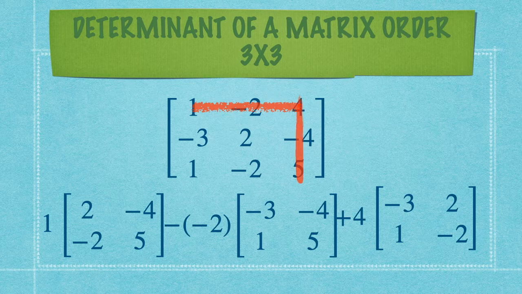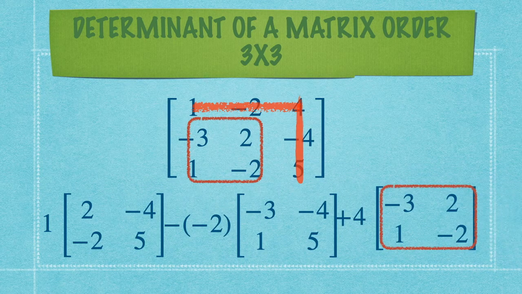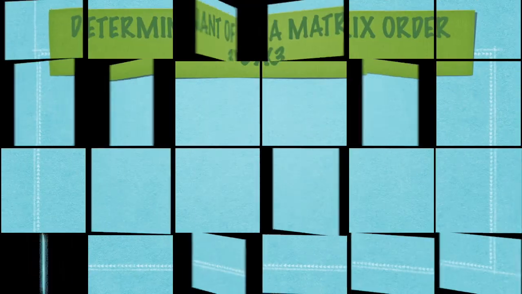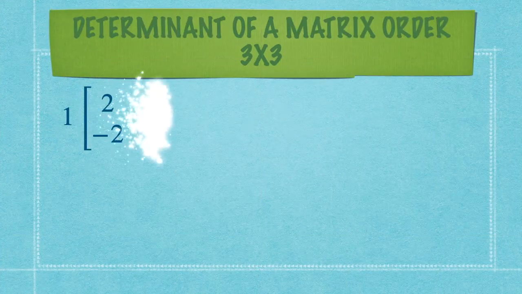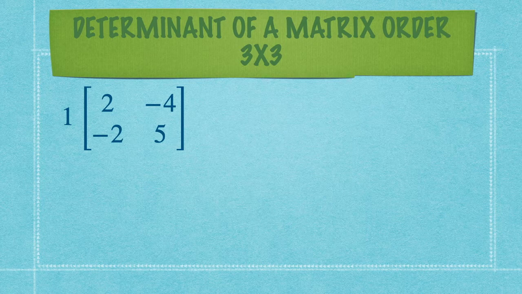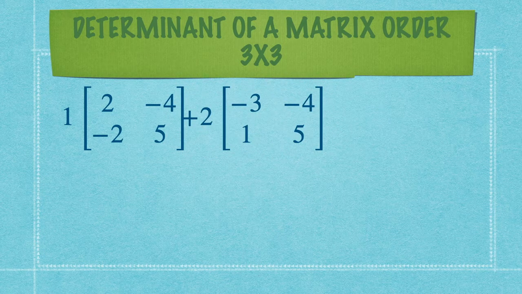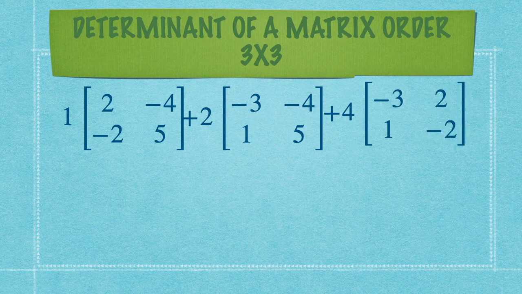After eliminating this last column, you can see I have the 2 by 2 matrix, -3, 2, 1, -2. That's what you're seeing there. So our next step is now to find the determinant of each of these 2 by 2 matrices. So this is what we have from the previous slide, just listing it as a reminder before we go into finding the determinant of the 2 by 2 matrices.